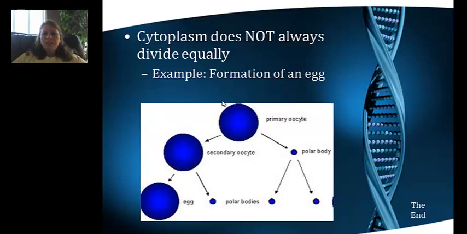Okay, so for the egg formation, the sperm will all get an equal amount of cytoplasm, which means that all of the cells are viable. But in females for meiosis, it starts off, and we'll talk more about this a little bit later. You may have noticed the term oocyte.